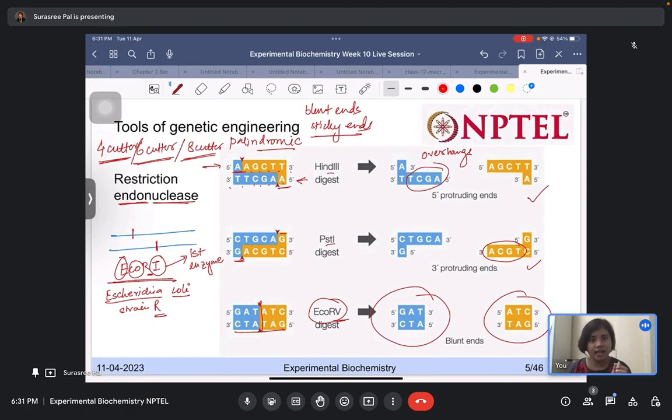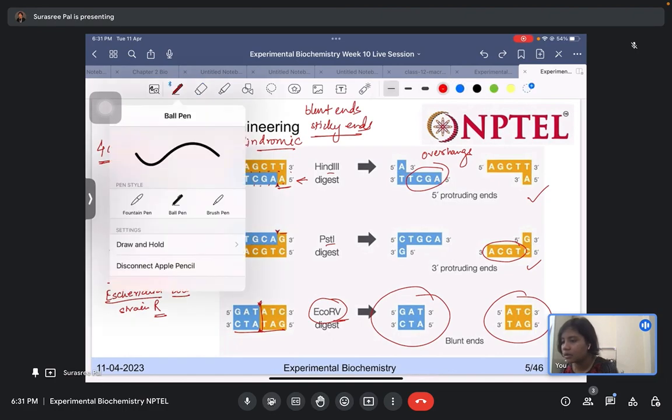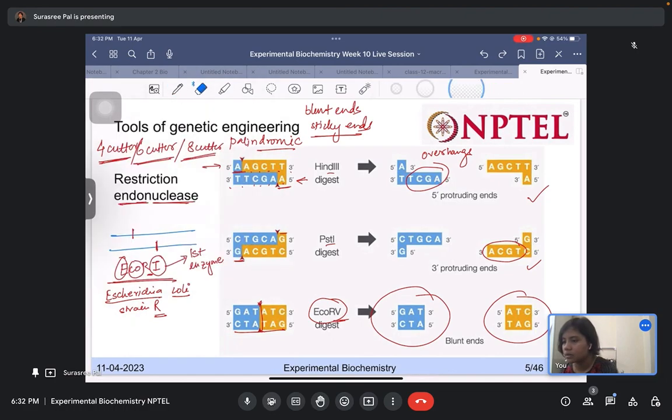So that is why these ends are called sticky ends. So that is the primary discussion about the restriction endonucleases.